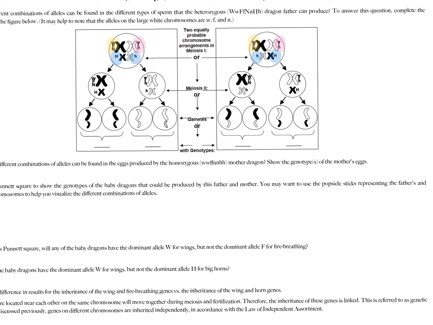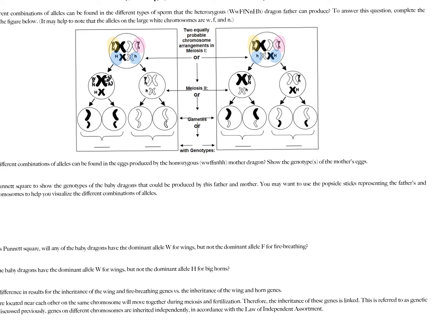Remembering, we're not considering crossing over, but even if we did, these 3 are going to move together, and these 3 are going to move together. They're not going to cross over in between because they're linked. That's what linked means. They're very close together on the chromosome, whereas here they can cross over. But big H and little h are going to move into separate cells, no matter what.